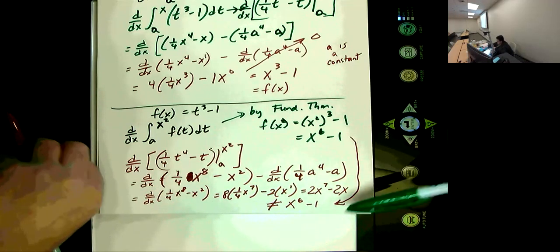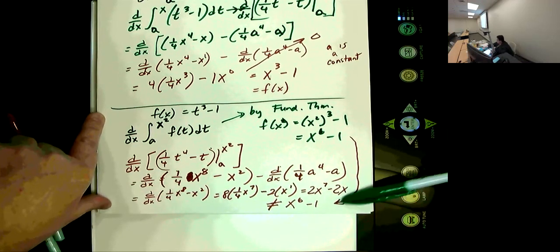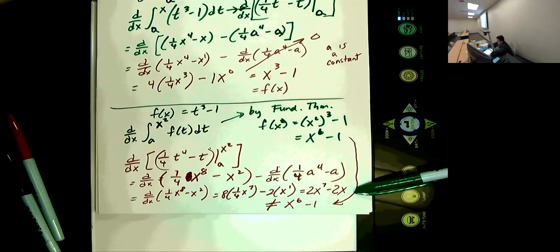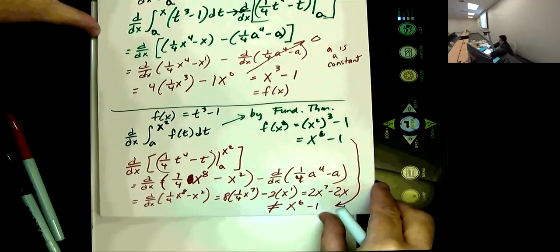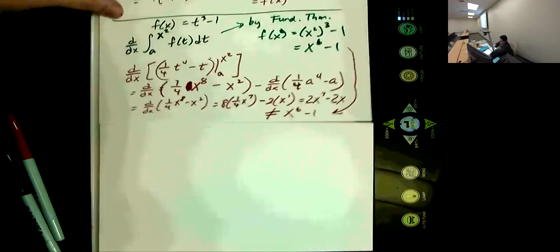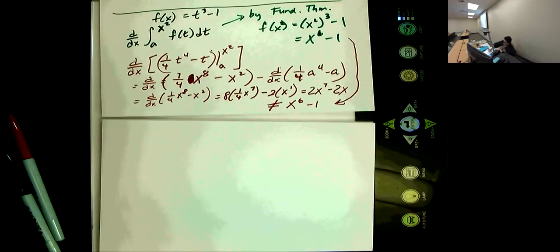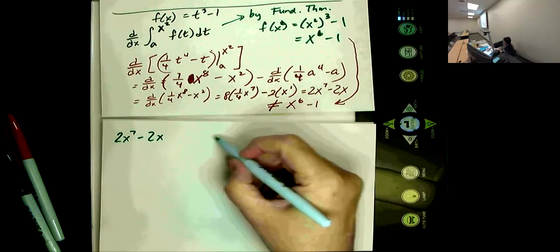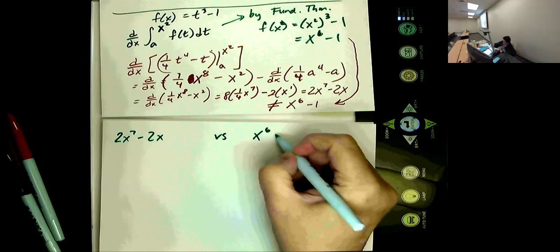Can anyone see the difference between these two results? Two x to the seventh minus two x versus x to the sixth minus one.